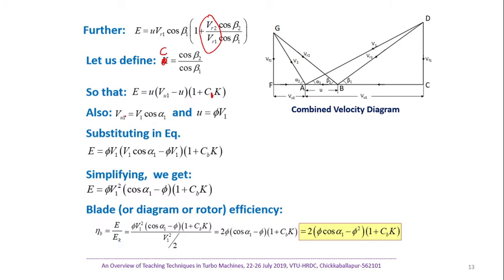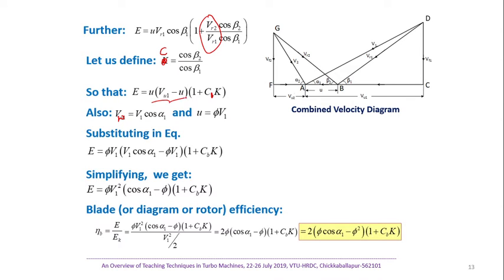So VW1 equal to V1 cos alpha 1, we know that. And u equal to 5v1. So I am substituting it over in these things. So VW1 can be written as V1 cos alpha 1 minus 5 into V1.